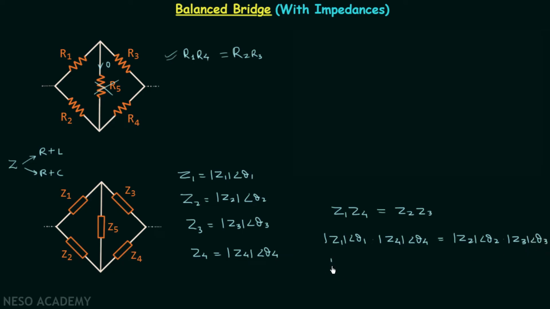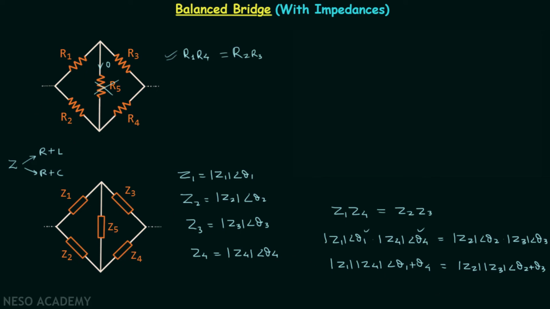Or we can say mod Z1 multiplied by mod Z4, with the angles getting added, so the total angle on the left hand side is theta 1 plus theta 4, and on the right hand side we have the magnitudes multiplied together, mod Z2 multiplied with mod Z3, and the angle will be theta 2 plus theta 3.